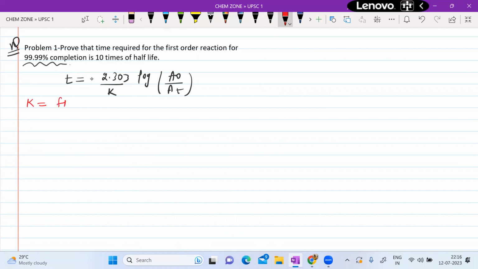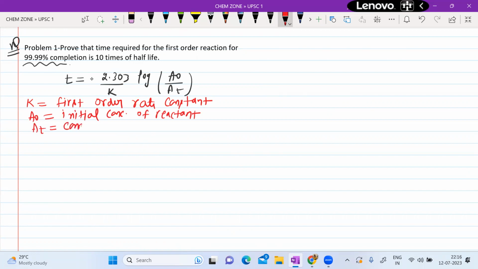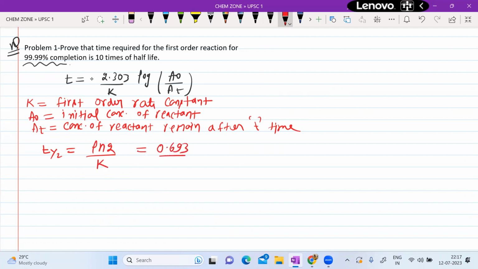Here we consider K as first order rate constant, A naught is the initial concentration of reactant, and A_t is the concentration of reactant remaining after time T. Now, as we already know that T half for a first order reaction is equal to ln2 by K. The value of ln2 is 0.693, so T half is 0.693 by K. We know that.